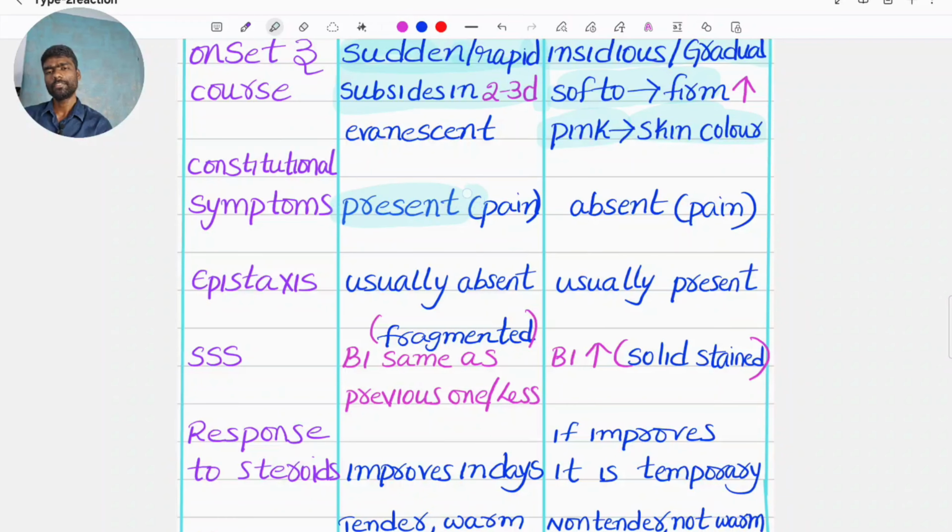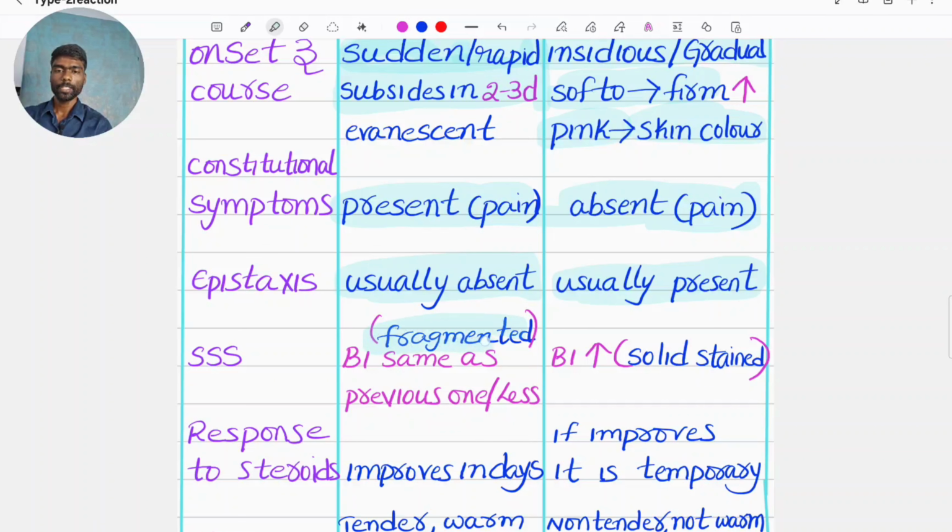Constitutional symptoms are severe in ENL, absent in relapse. Epistaxis. Relapse is nothing but leprosy itself. We will see epistaxis is usually present. Here in reaction usually absent.